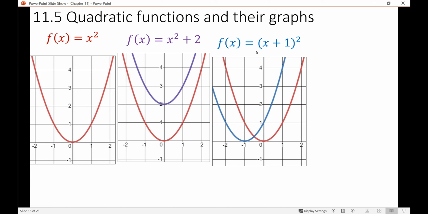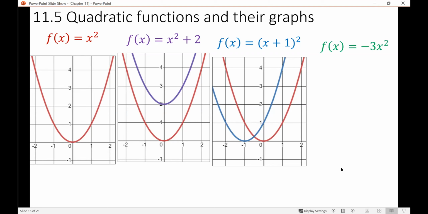Our horizontal shifts are slightly counterintuitive, because we're moving to the negative side even though we're adding 1. But you can reason it out: the smallest this squared thing can ever be is when the inside is 0, and that happens when x is -1. So those are vertical and horizontal shifts.